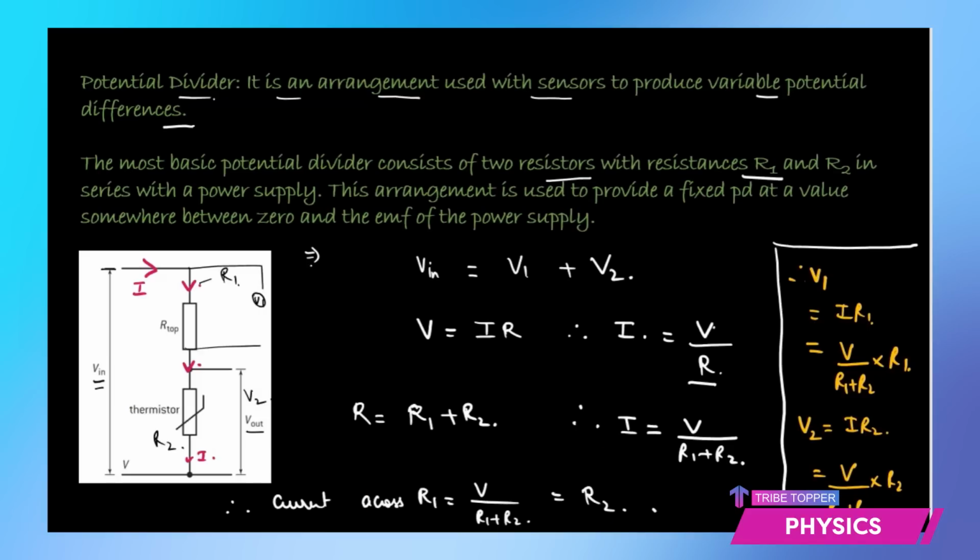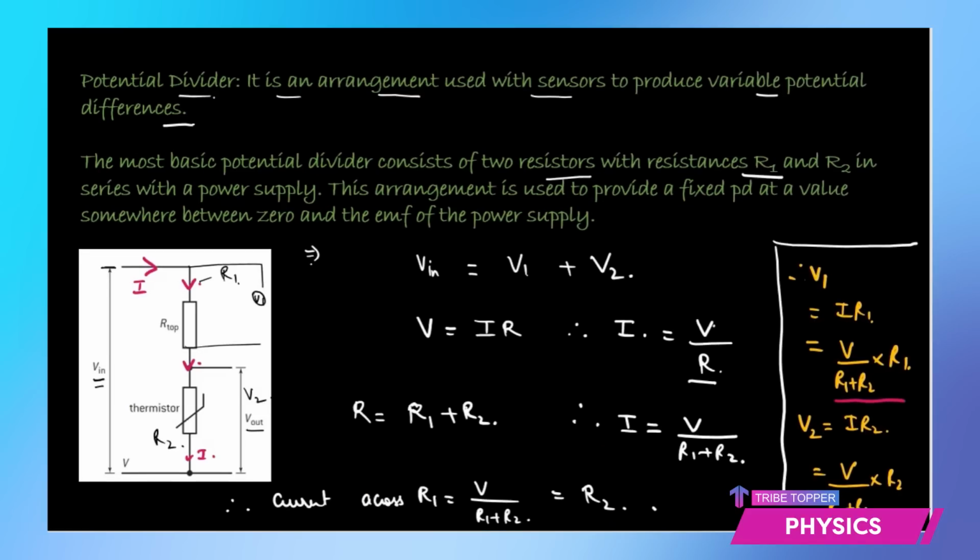So now when we look at these expressions, we find out one thing: in this particular diagram that we have taken here, my variable resistor is a thermistor. A thermistor is one which has a very high resistance at lower temperatures. So at low temperatures, the resistance of the thermistor is high.